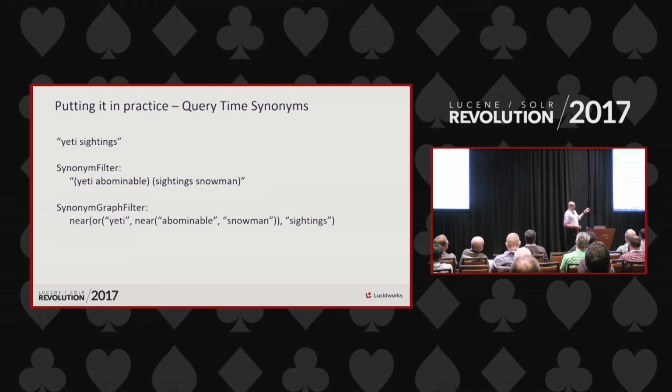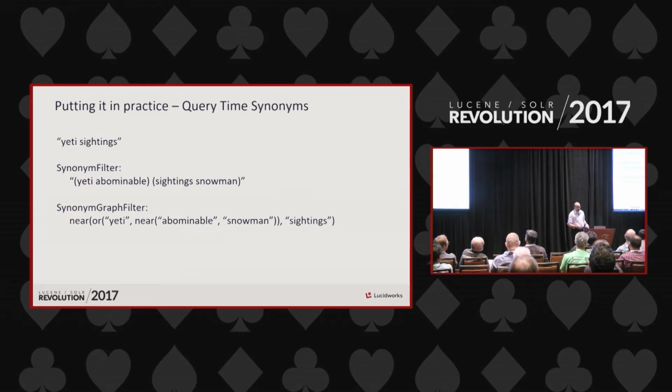So the graph filter, though, at query time, is building a graph. Because it has that graph of terms, it can construct the correct operators to give us truly correct positional phrasing. So it's going to search for the OR of Yeti or that near phrase of Abominable Snowman, and then it's going to put that near sightings.